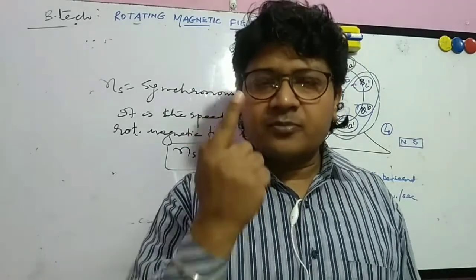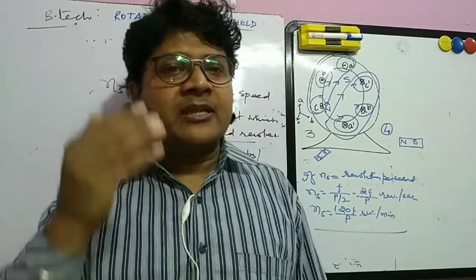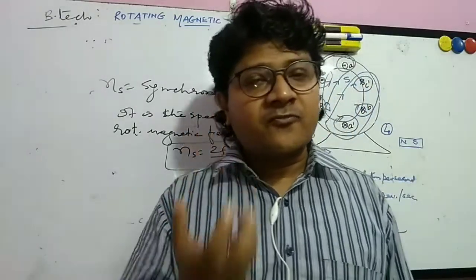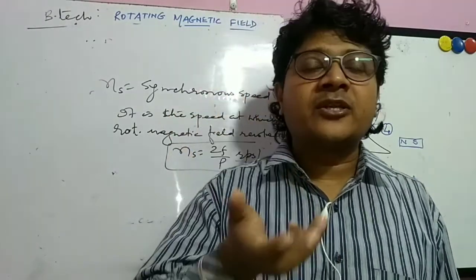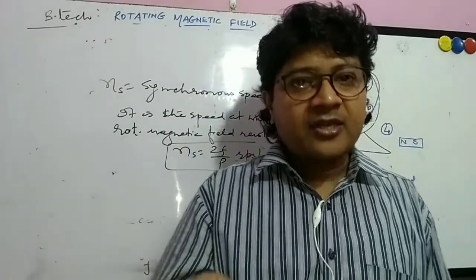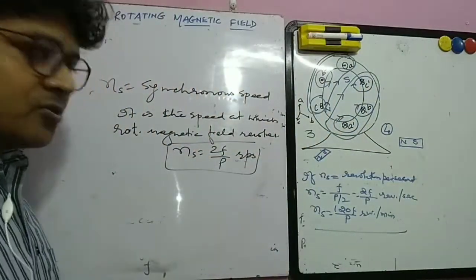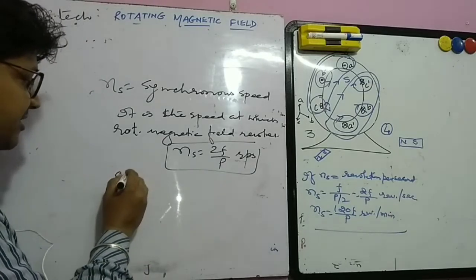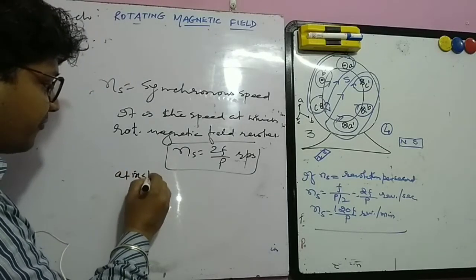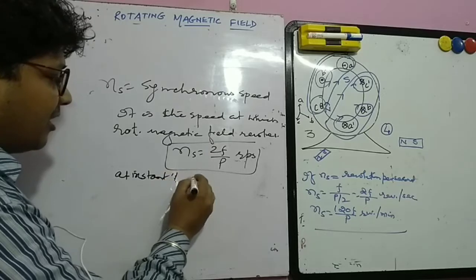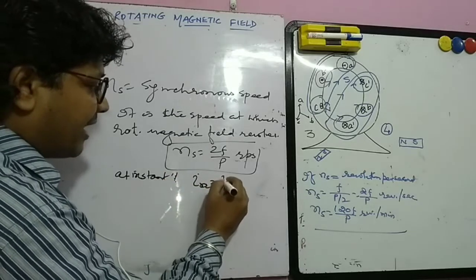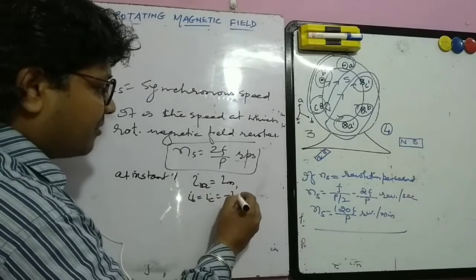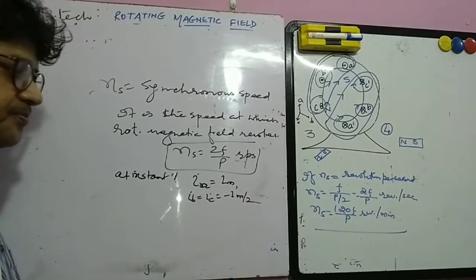So at one position I would like to derive that expression also. What is the resultant magnitude of the three-phase MMF? At instant 1, Ia was Im, and Ib is equal to Ic was minus Im by 2.